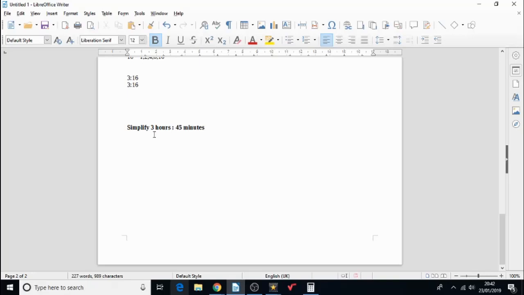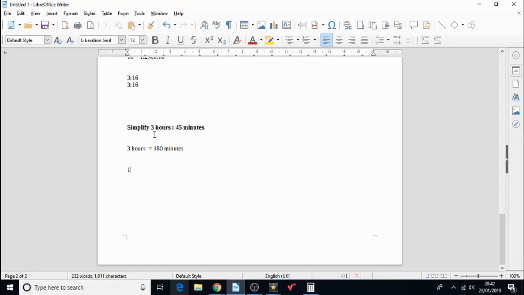So if you know 1 hour is 60 minutes, how many are in 3 hours? It's simple. You multiply 60 by 3 to get your minutes. So now you have a proper ratio to work with. So 3 hours is equal to 180 minutes.